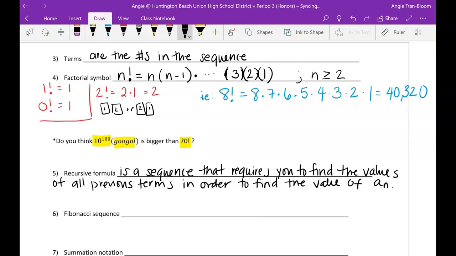What that means is that if you want to find the 5th term, you have to find the first 4 terms first. So that's what that means.